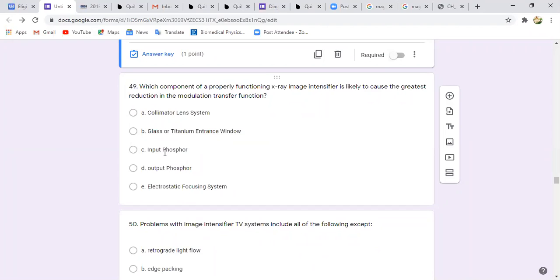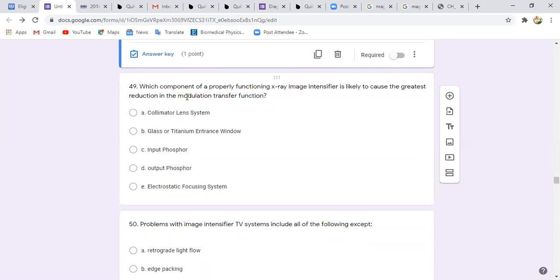Without this image intensifier, we would have a very good MTF and very good contrast. But of course, we want to reduce the radiation dose to the patient as much as possible. That is why we use the image intensifier.